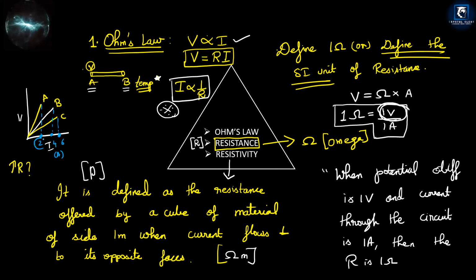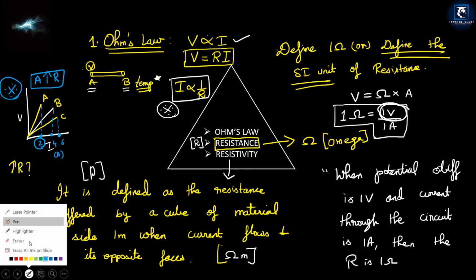So if the current value is low, naturally the resistance is more. So A has the high resistance, because the current is low, only 2 ampere. The others are 4 and 6, got it? This is a very important 1 mark or 2 mark question.